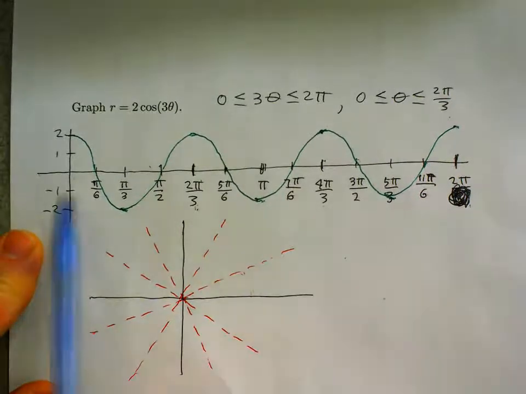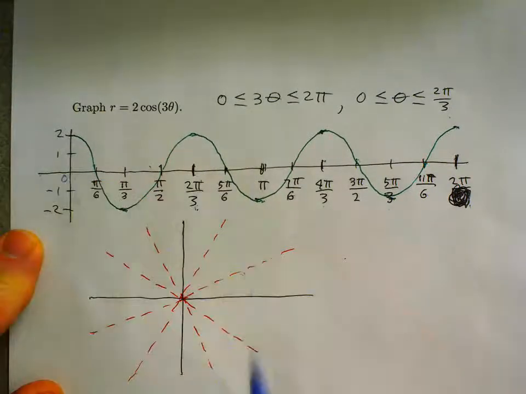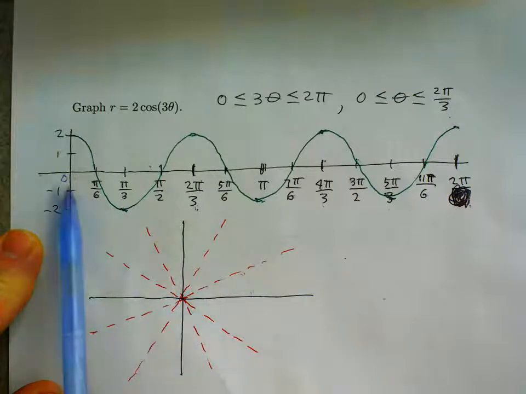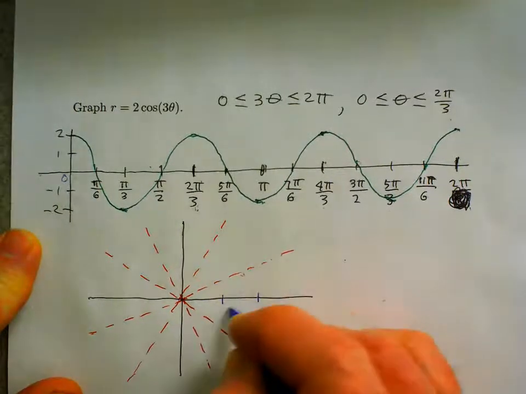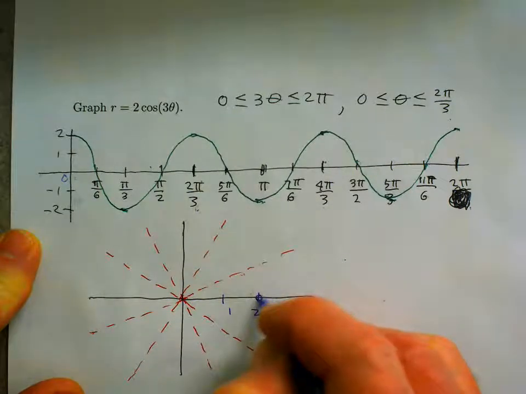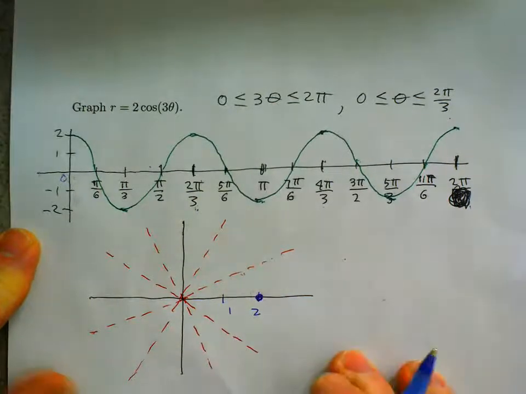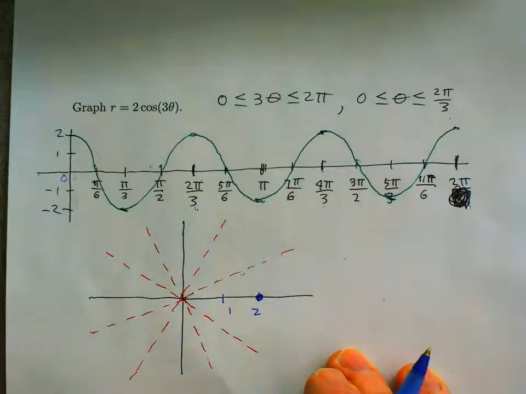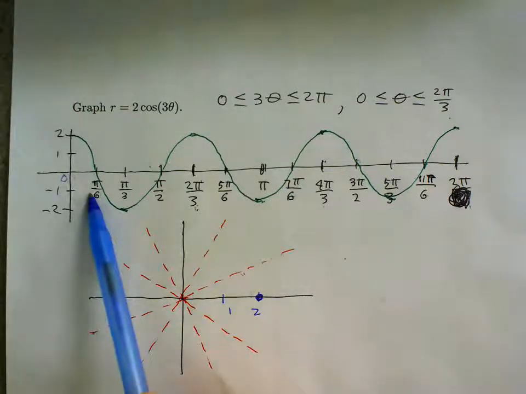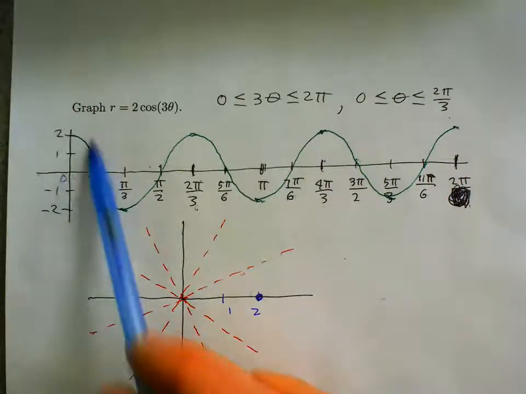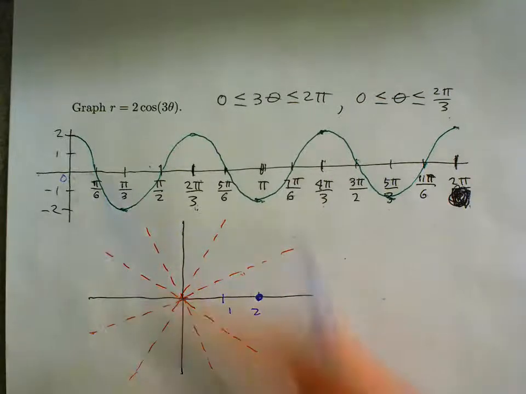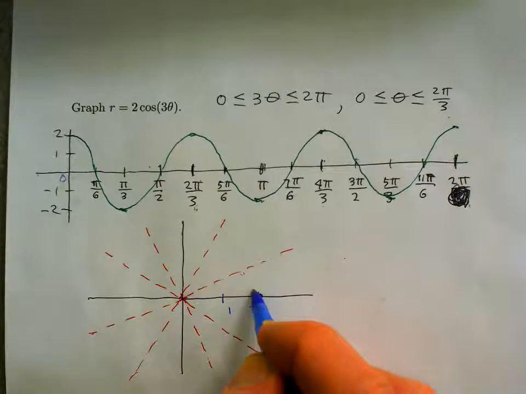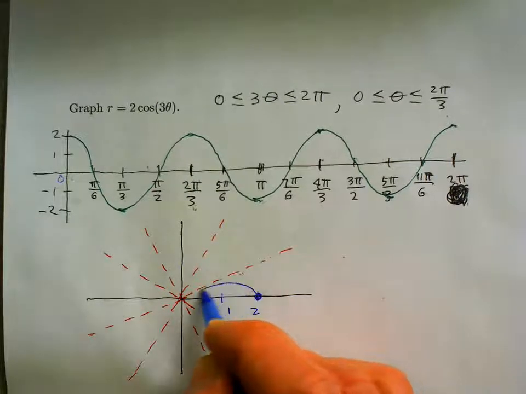Okay, so we start at theta equals 0. When theta is 0, the R value is +2. So this is a point on the polar curve. Between 0 and pi over 6, the R values are positive, but by the time we get to pi over 6, the R value is 0. So we get this part of a loop.